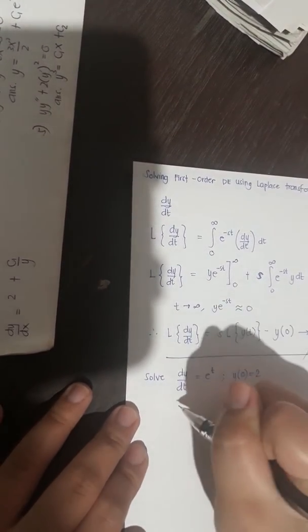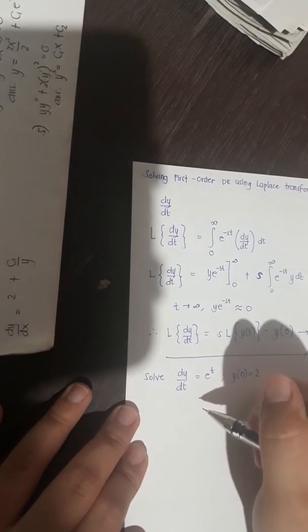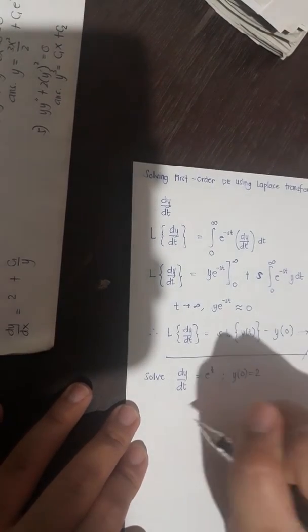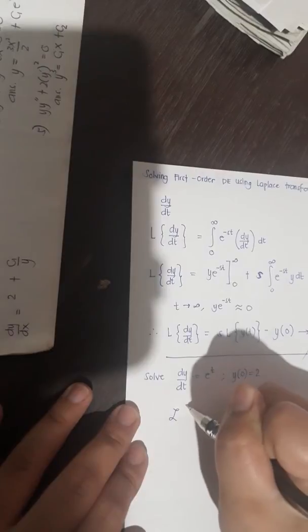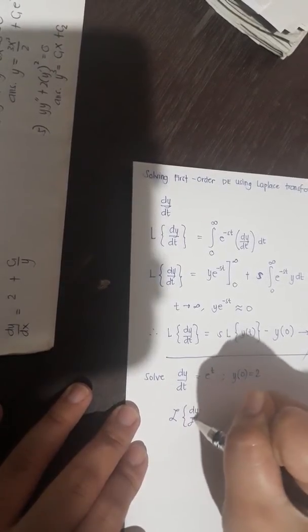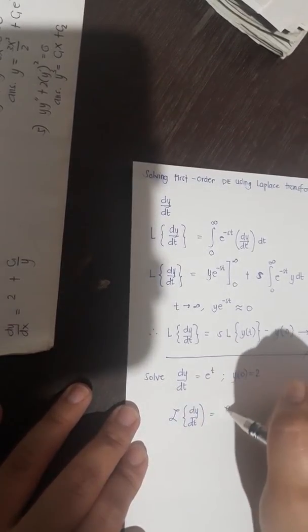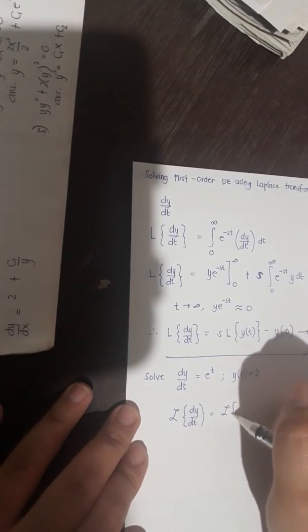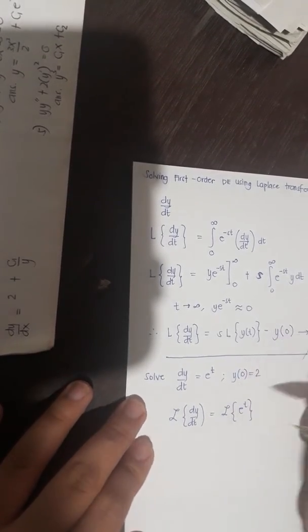So we will take the Laplace transform of both sides. The Laplace transform of dy over dt is equal to the Laplace transform of e raised to t.